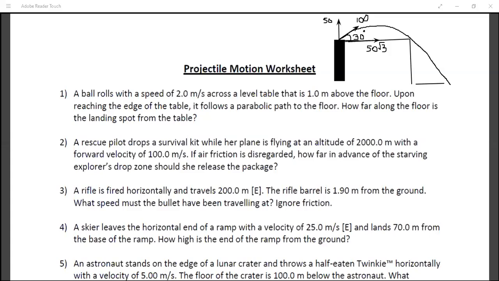And then assume the rest of the range to be x. Then x will be u cos theta, it is approximately 86.6. So total range is 952.6 meters.